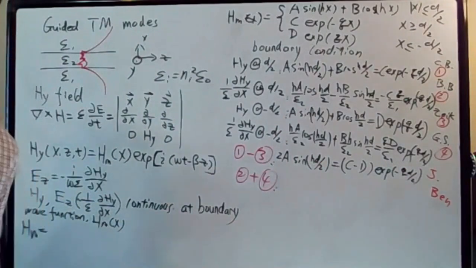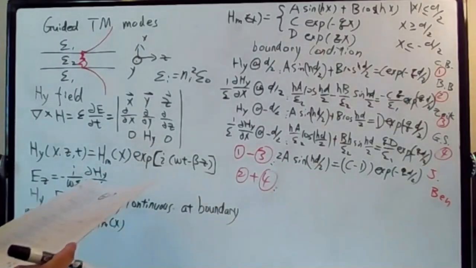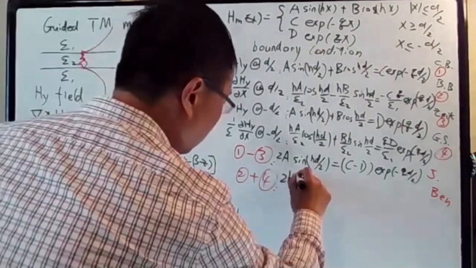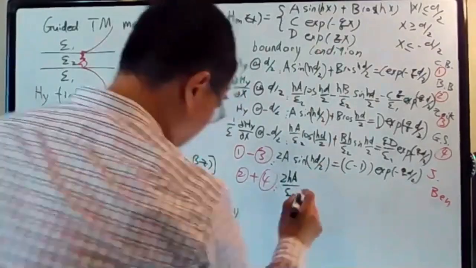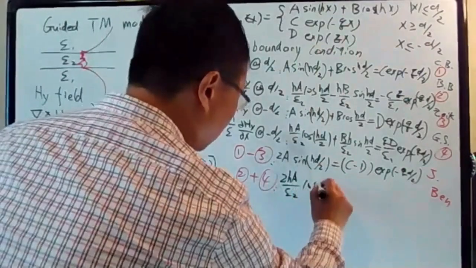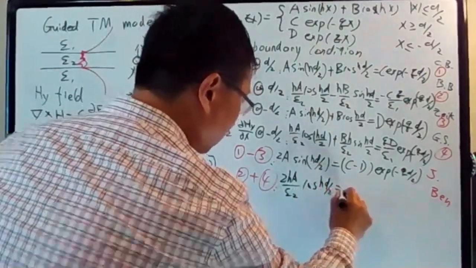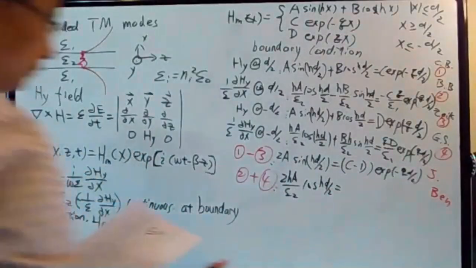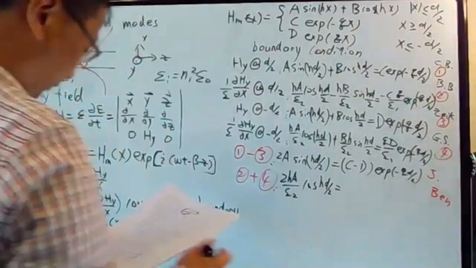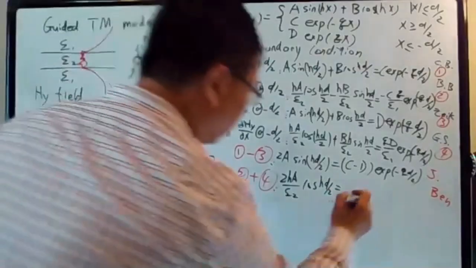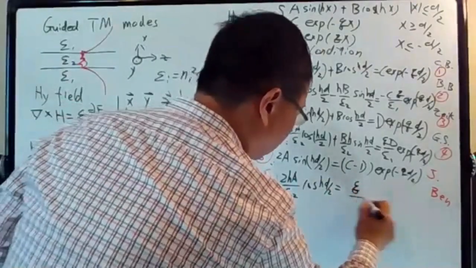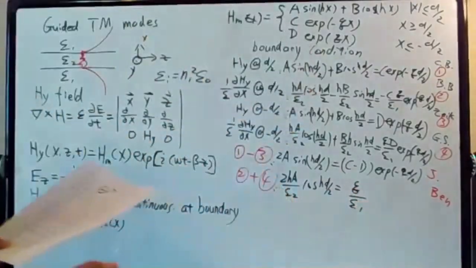I think it would be 2HA over epsilon 2 times cosine of HD over 2 equals QD over epsilon 1. I guess all this could be in parentheses.